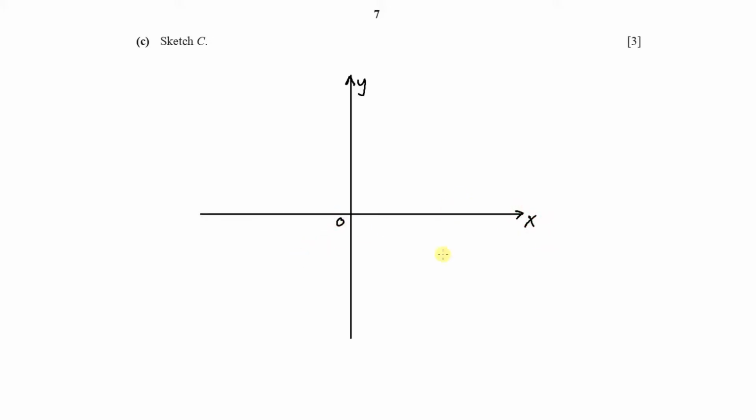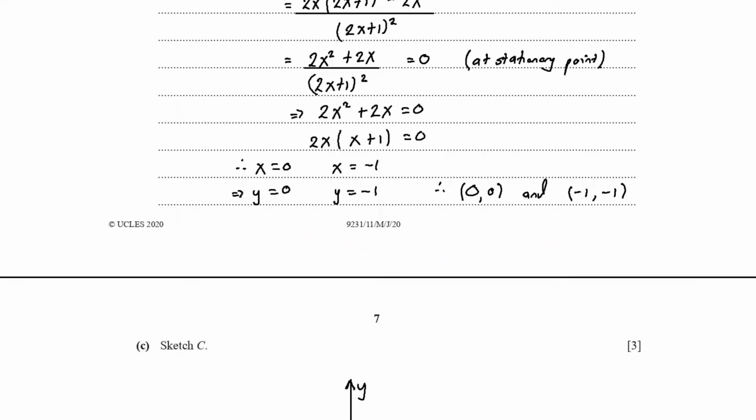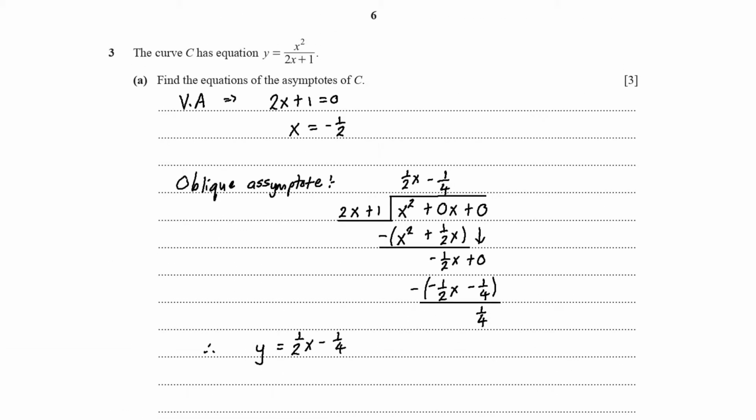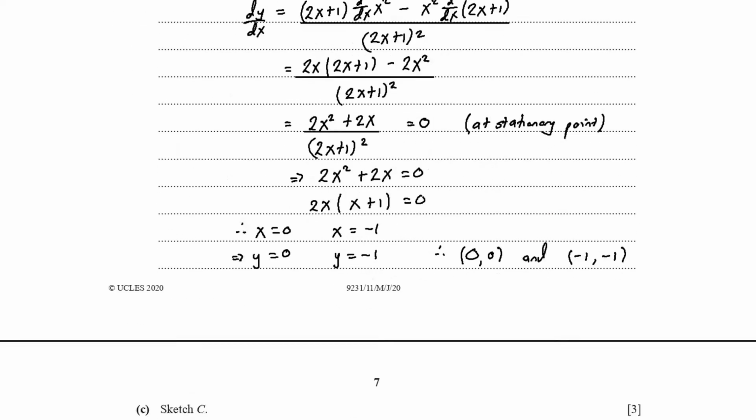Okay, so let's have the two axes. So we have y and we have x here and the origin. Let's put in the asymptotes. We have x is equal to minus a half as the vertical asymptote, and the oblique asymptote of y is equal to half of x minus a quarter. So let's start with the vertical asymptote.